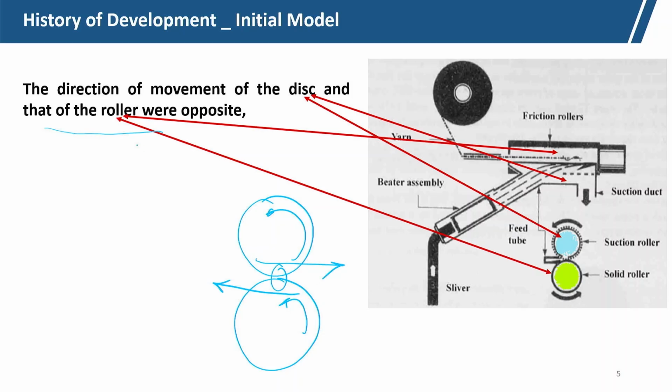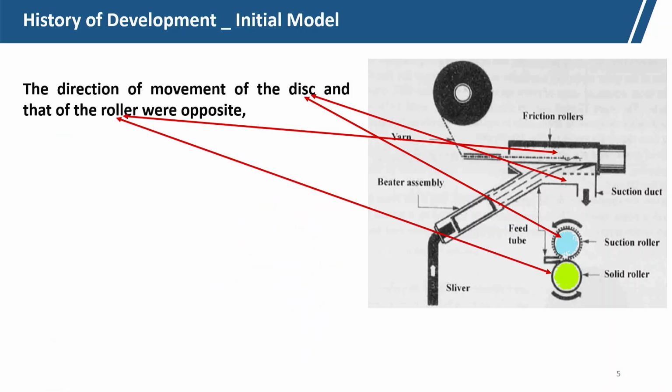So, there the motion at the nip point is opposite. That is the requirement for applying twist.